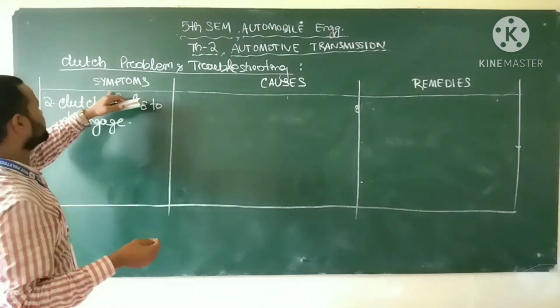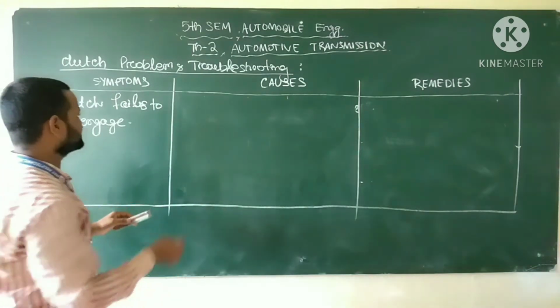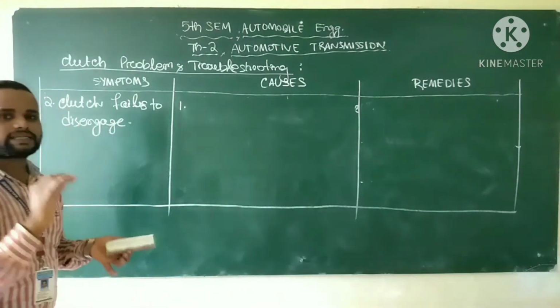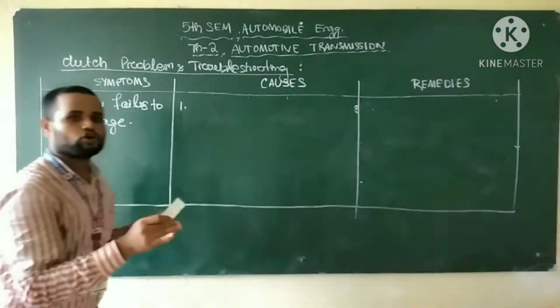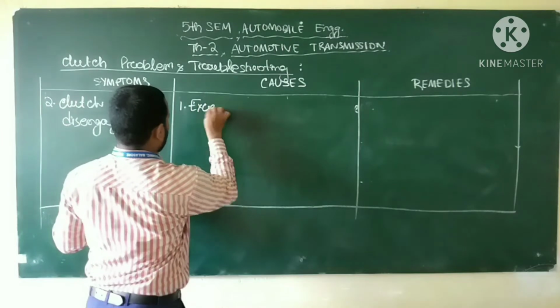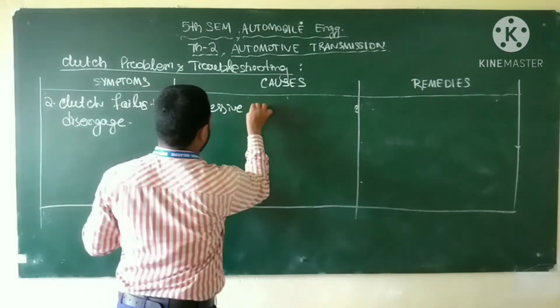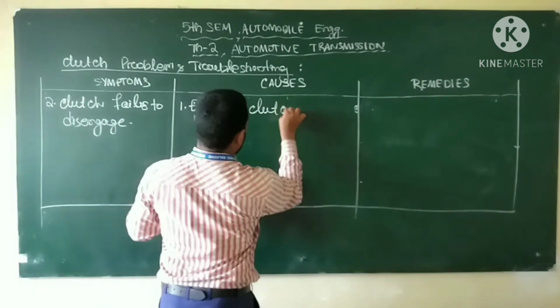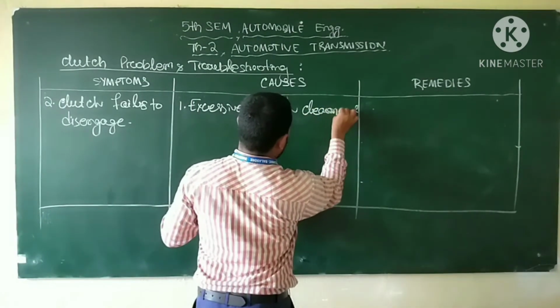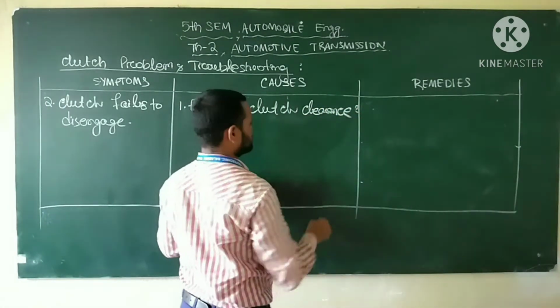So what are the causes of this clutch failing to disengage? One cause is excessive clutch clearance. Excessive clutch clearance.